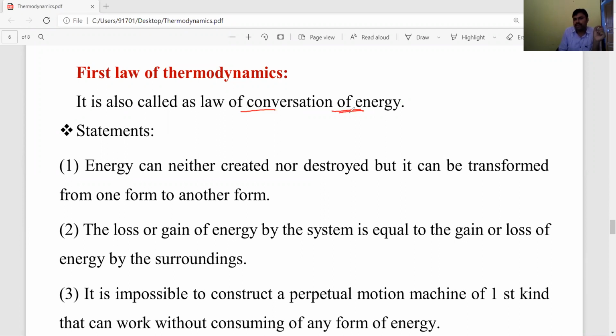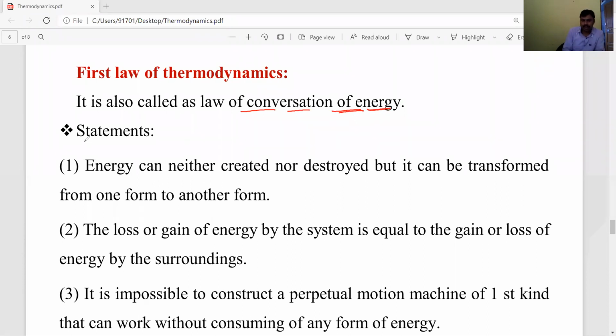In some basic concepts of chemistry we already discussed different laws: law of conservation of mass, law of definite proportions, law of reciprocal proportions and so on. So the first law of thermodynamics is one type of law of conservation of mass or conservation of energy. Mass is nothing but a form of energy only. So the first law of thermodynamics is also called the law of conservation of energy.